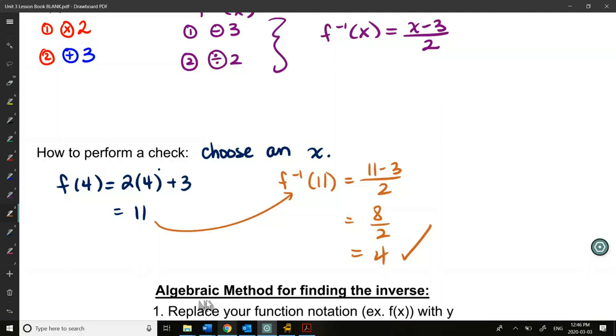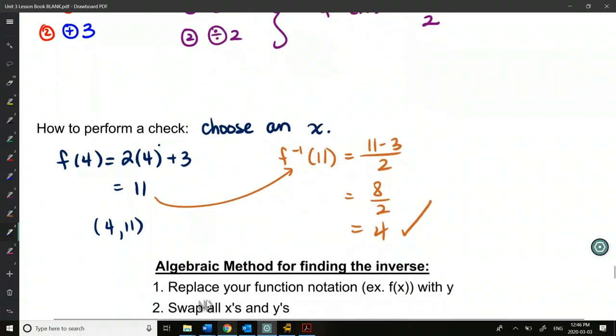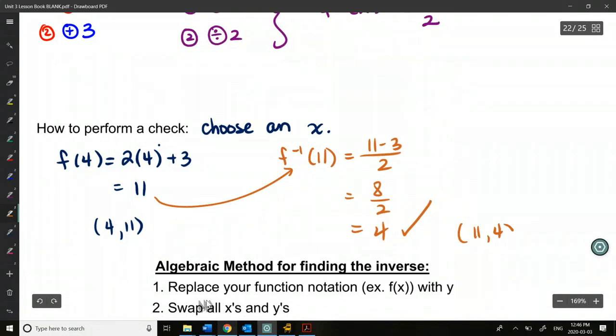Does this make sense? Okay, so basically what we're saying in this original part is that the regular function f(x) has a point (4, 11), and the inverse function has a point (11, 4). So the x's and y's of the original function and of the inverse function are swapped versions of one another.